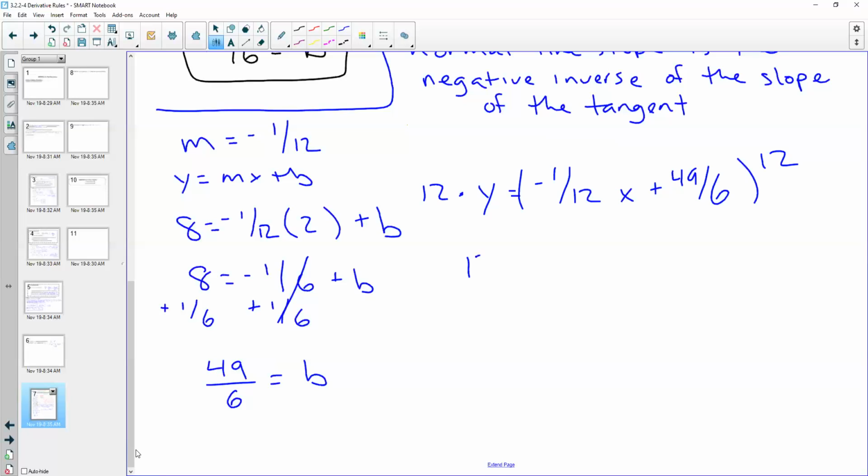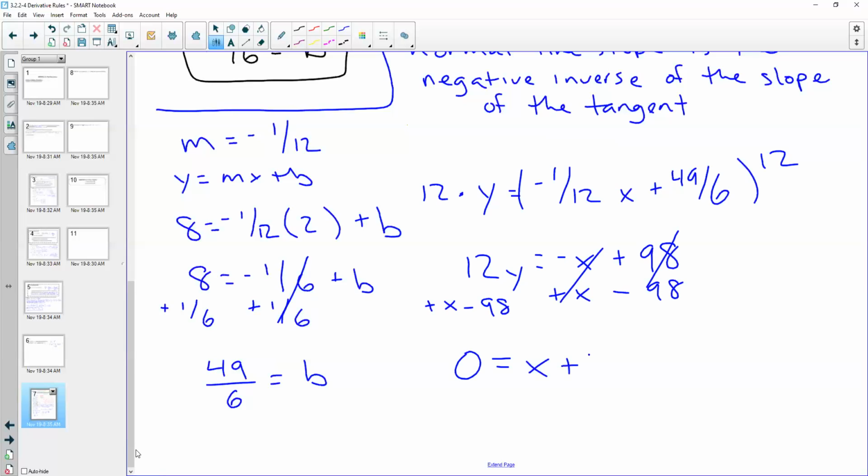So I'll be left with 12y is equal to negative x plus, so 49 over 6 multiplied by 12 is equal to 98. And remember, we want positive coefficients for x. So let's add this to both sides and subtract 98. That will cancel. So then we'll be left with 0 is equal to x plus 12y minus 98.